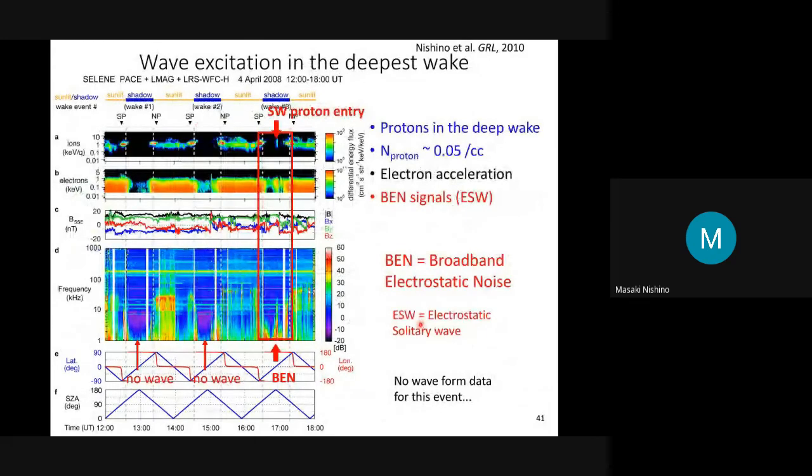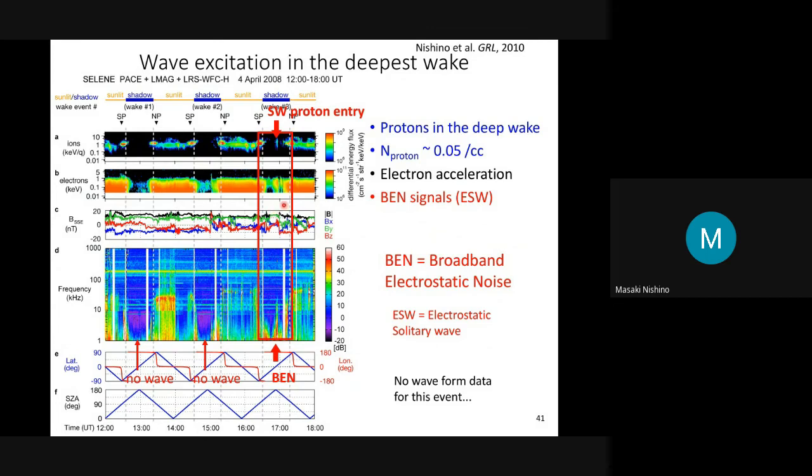And these protons accelerate electrons as well along the IMF to maintain charge neutrality in that wake region. These incident electrons are kind of two-stream, bi-directional beams along the magnetic field.